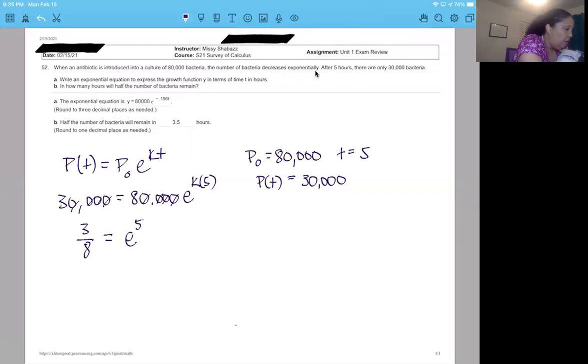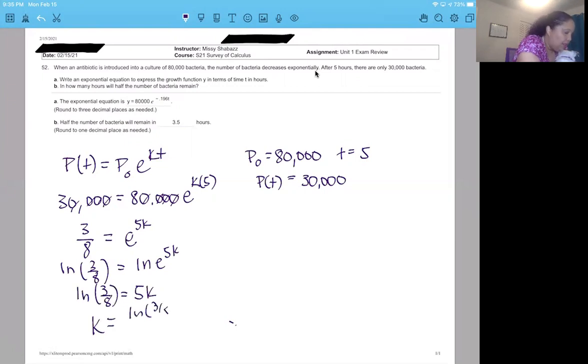So we are solving for k. I'm going to take the natural log of both sides. All right, and the right side, since I have the natural log of e, is going to equal just 5k. So k is equal to natural log of 3/8 over 5.